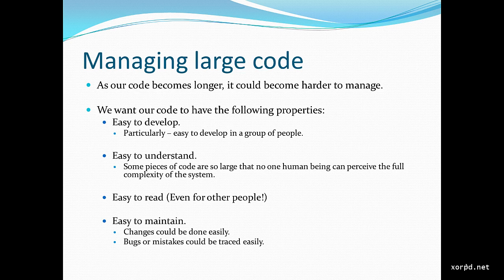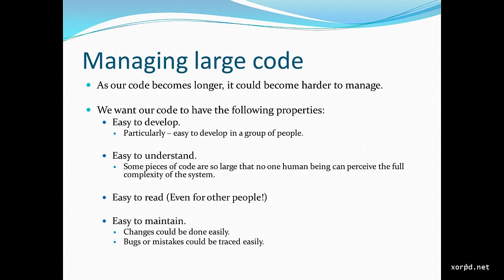We want to be able to somehow divide the job of writing the code to more than one person, and then finally being able to take all the results from all the people who worked on a project and merge all the results into one working program. And this is a challenge. This is not always easy to do.